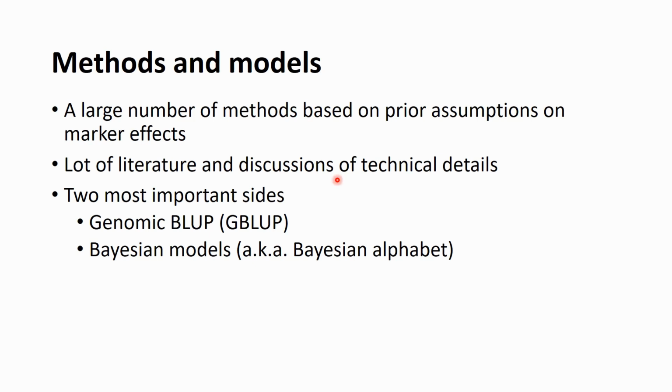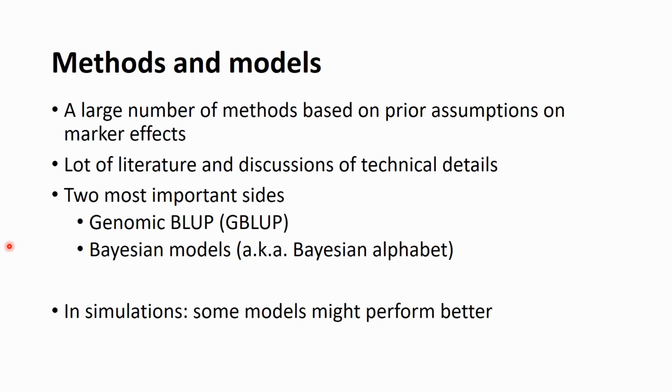So basically there are two large groups. One is based on the BLUP, which is used also in the traditional breeding value estimation, but this is the genomic BLUP or GBLUP in short. And there are then a lot of models and methods based on the Bayesian approach. So this is the so-called Bayesian alphabet. This is really a lot of models included in this single bullet point.